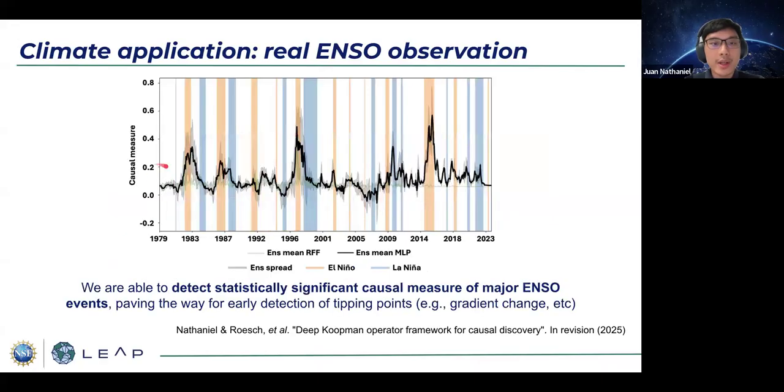What we found is that we are able to detect some major events from our causal measure pretty accurately, given some ensemble of prediction here. This is also promising, and I think it is paving the way for early detection of tipping points, which we are actively exploring. Maybe it's through the gradient change of this causal measure and so on.